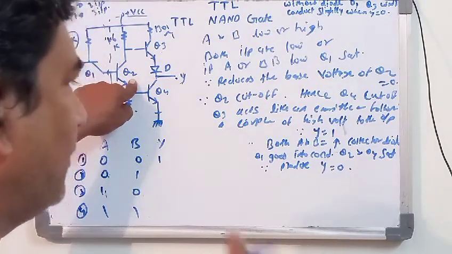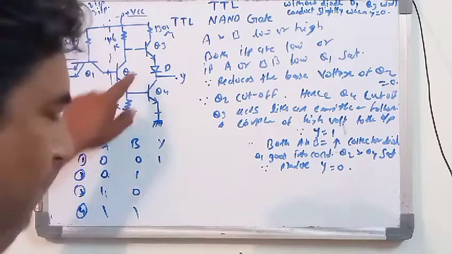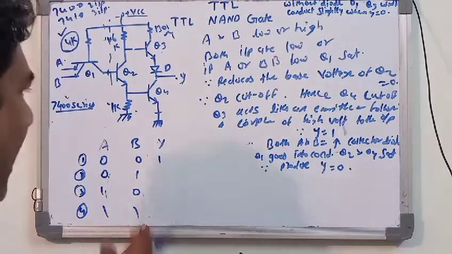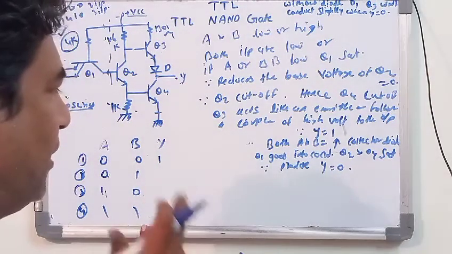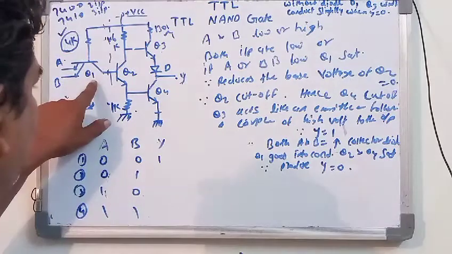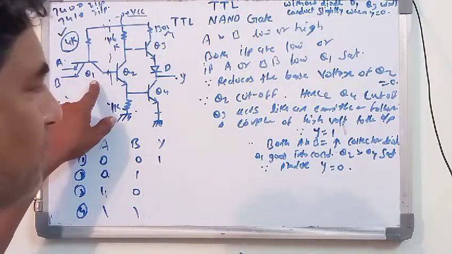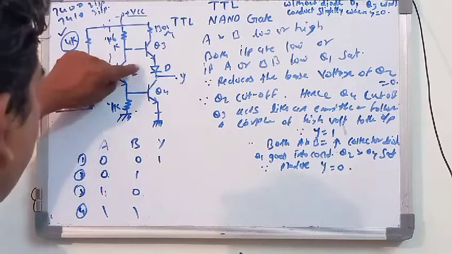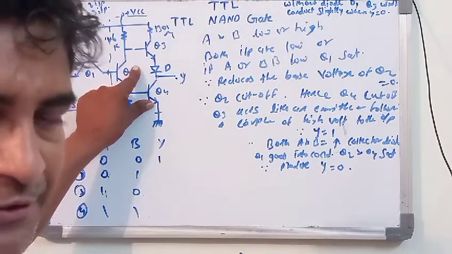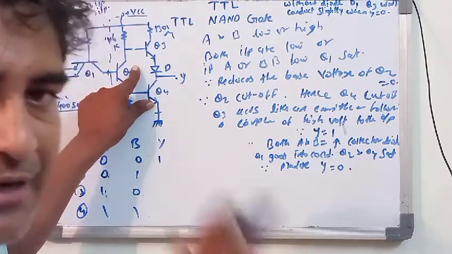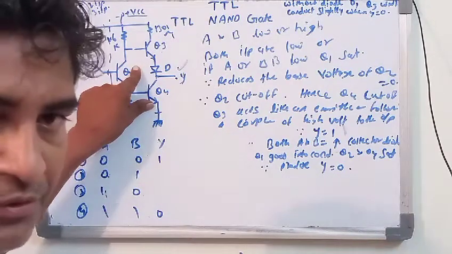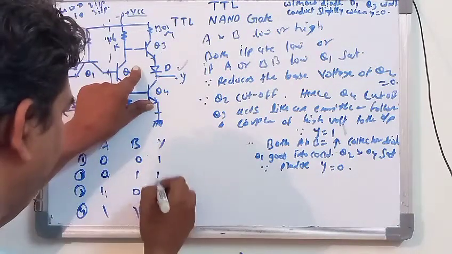If both A and B are high, as soon as the value is high, the collector diode of Q1 goes into conduction, and Q2 and Q4 will be in saturation, since the output produced at this terminal is 0. And the rest of all this will be 1.